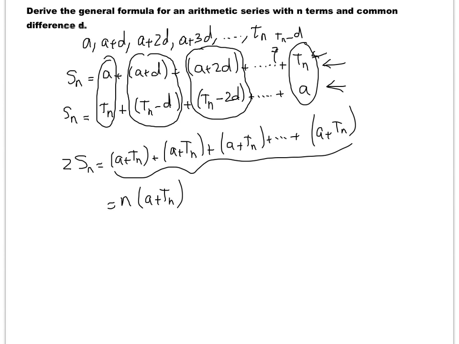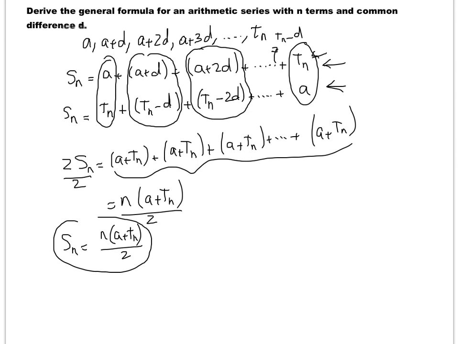This means that if I divide both sides by 2, I get Sn is n times a plus Tn over 2. This is one version of the formula.